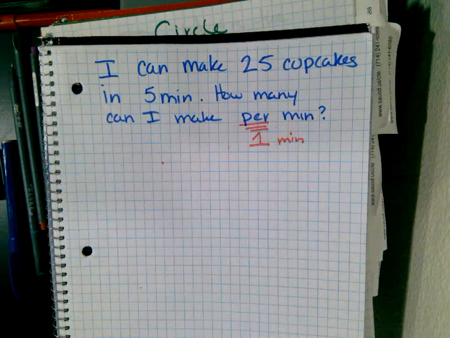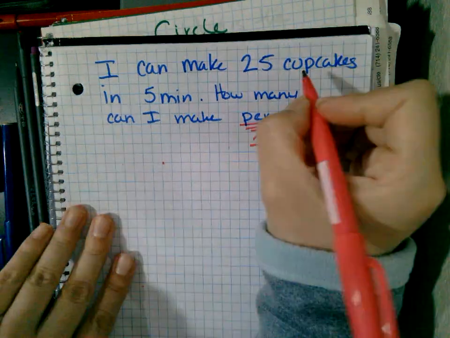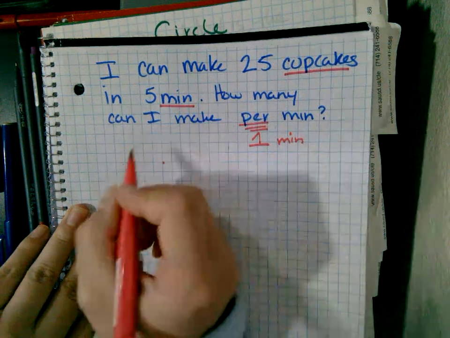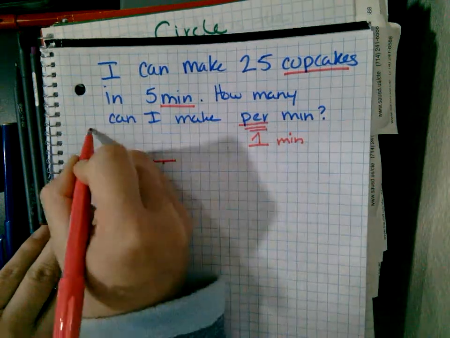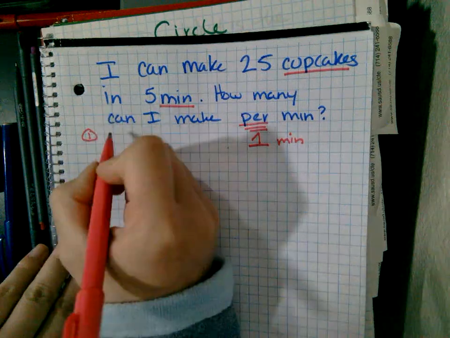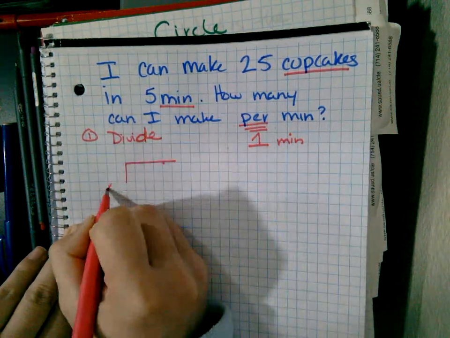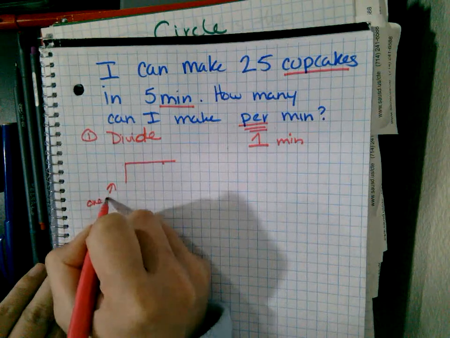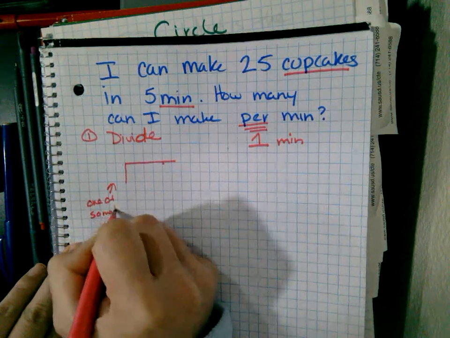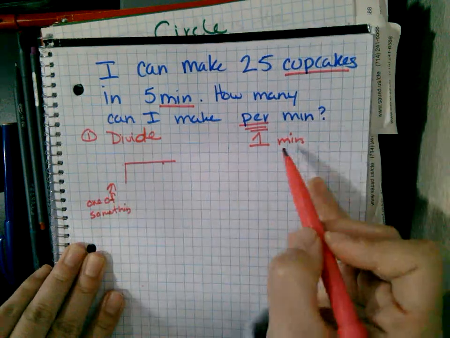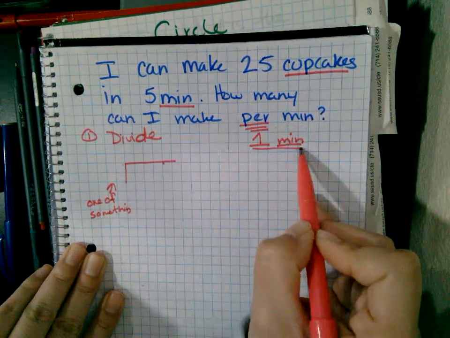All right. So we're talking about cupcakes and we're talking about minutes, right? So when you divide, that's your first step. The number that goes outside is the one of something. So what's the one that we're trying to find? We're trying to find 1 minute, right?